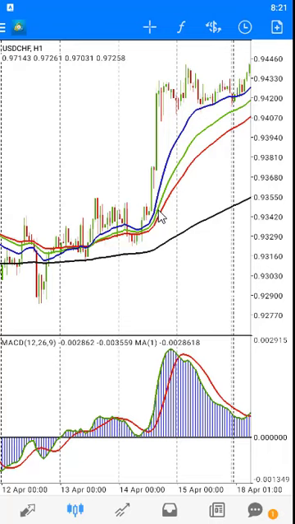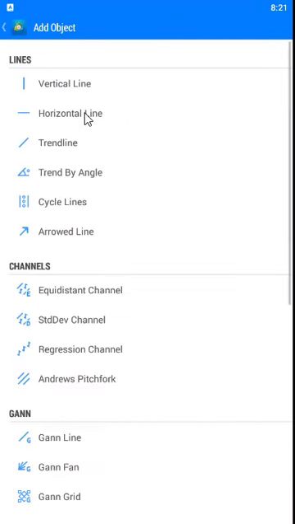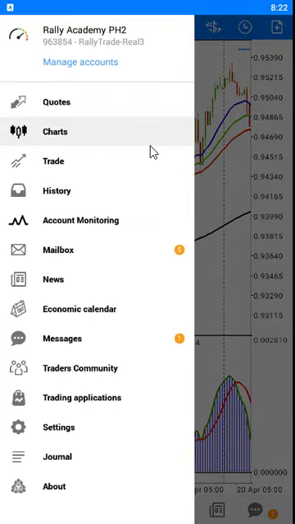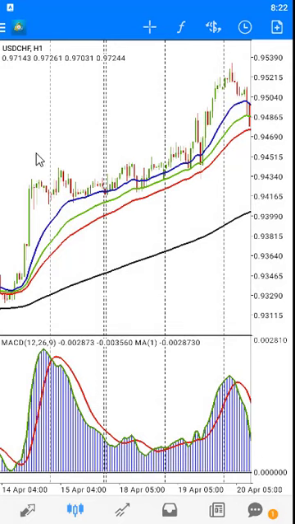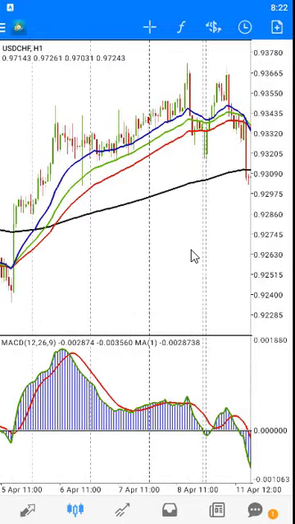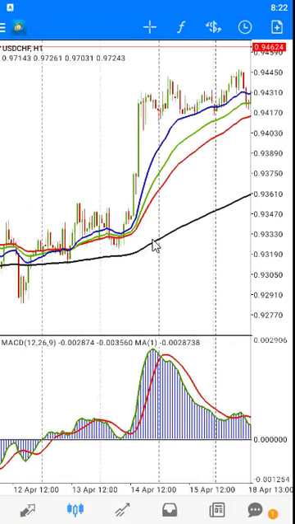Somewhere you put your stop loss here, you're buying here. Let me use this horizontal line. So let's say you place a buy. It moved again, so let's look for that same spot.